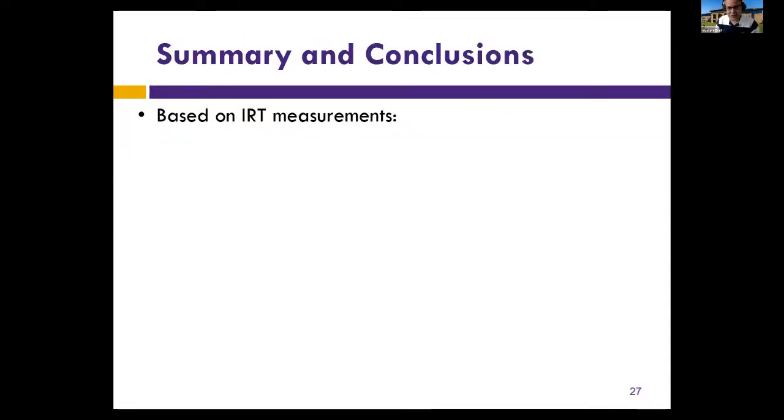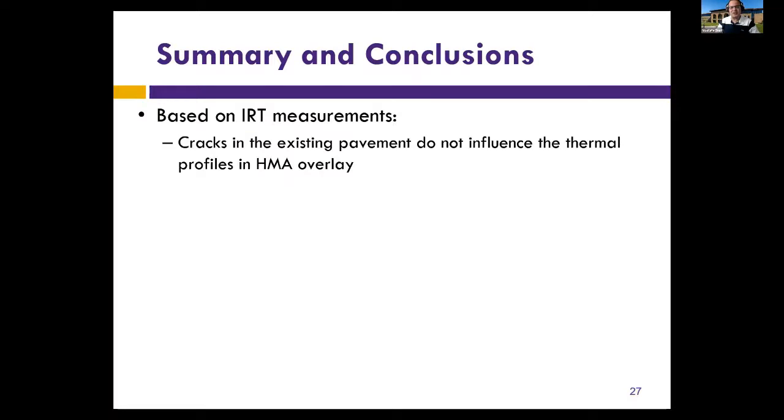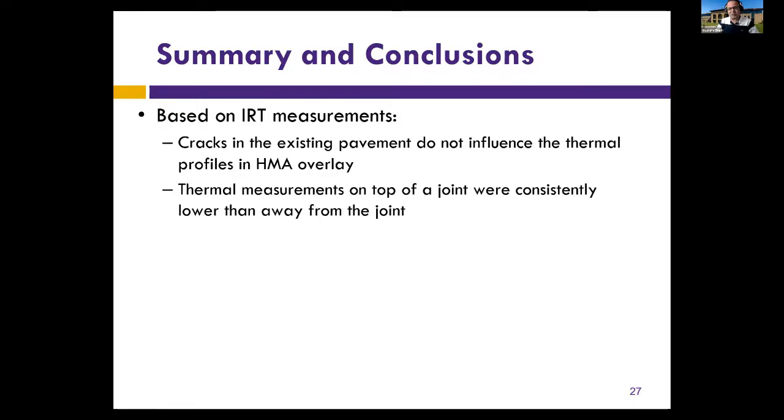So in conclusion, based on field measurement, we found that usually the cracks are not a significant factor when it comes to temperature differential. However, the joints appear to be a significant factor since we found that the temperature at the joint was significantly lower than away from the joint.